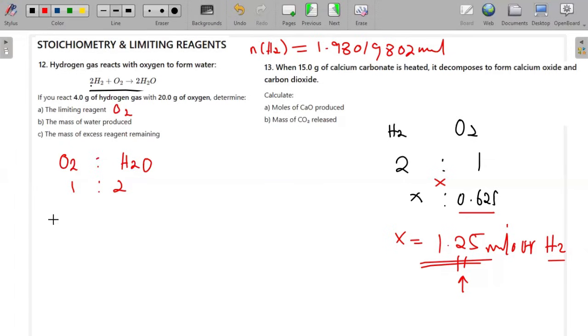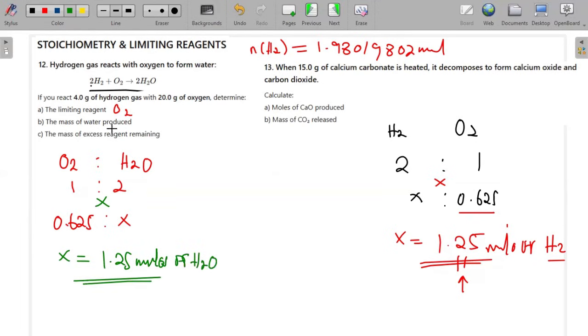So now, if I have 0.625 moles of oxygen, how many moles of water are going to be produced? Cross multiply, I get x is equal to 2 multiplied by that, which gives 1.25. This will be moles of what? Water.